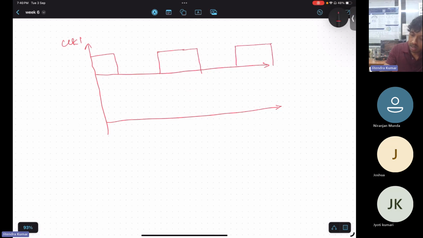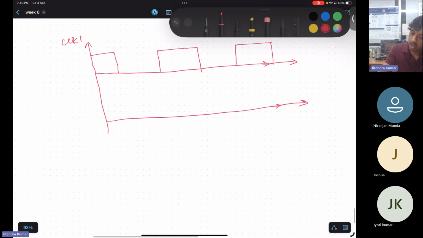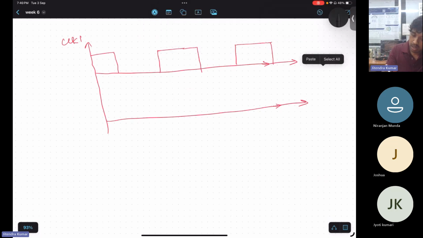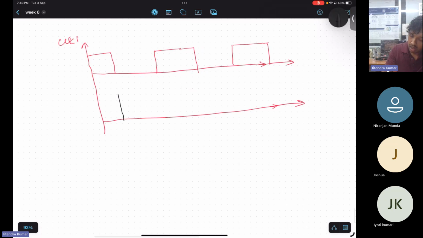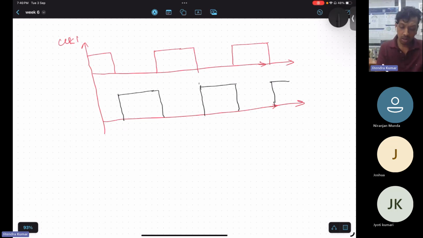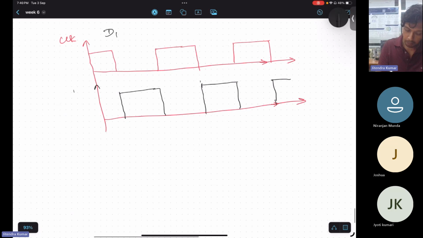The second will be complement to it. So this is the clock. This is the clock to the first D flip flop, D1. This is the clock to D2.